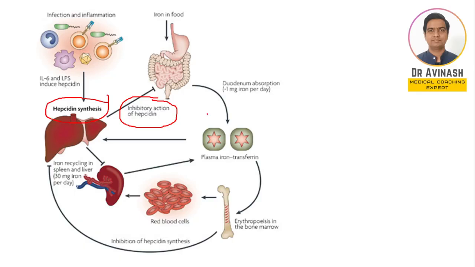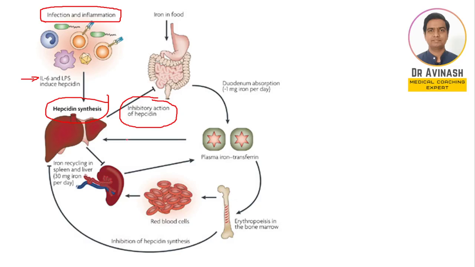Is it simple? Cool. Now, please understand that infections and inflammations can also stimulate the liver indirectly by making interleukin 6 and lipopolysaccharide. The gram negative bacterial cell wall is called lipopolysaccharide, right? So these gram negative organisms, this inflammatory mediator called interleukin 6, can also stimulate hepcidin synthesis.